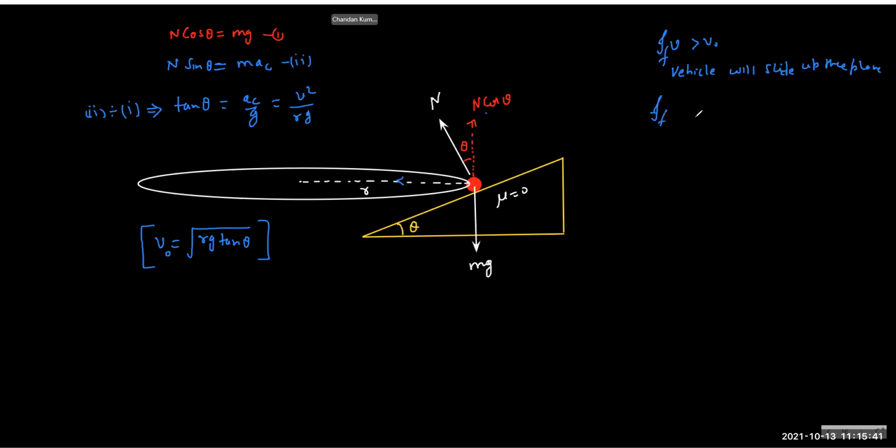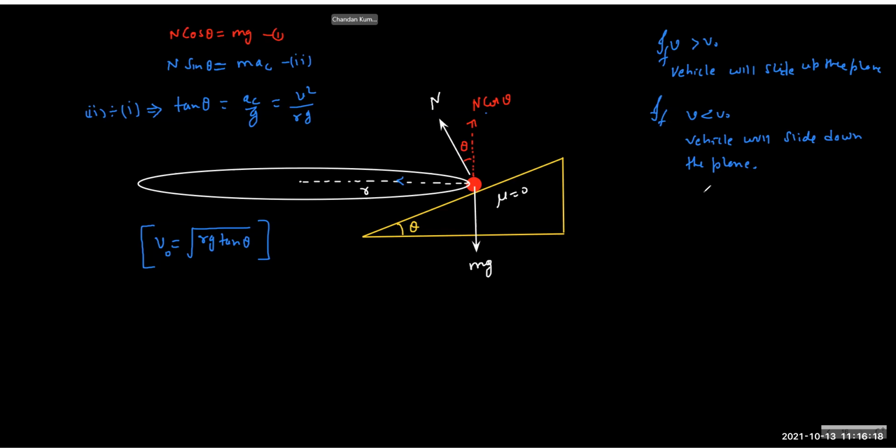And if v is less than v naught, vehicle will slide down the plane. Okay, so that is the idea. So vehicle will move up and down accordingly. Understood? Yes. Okay.